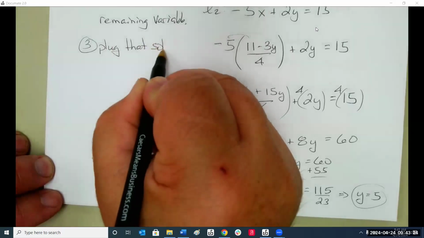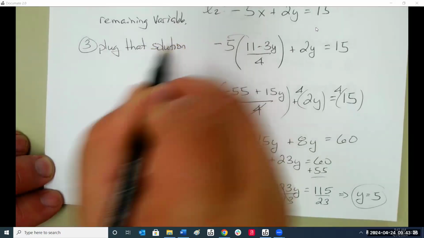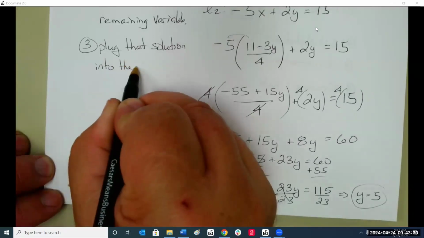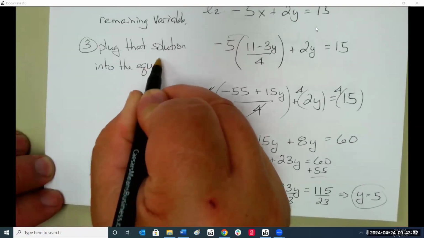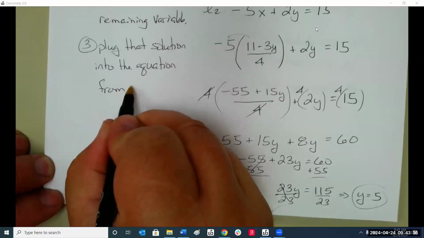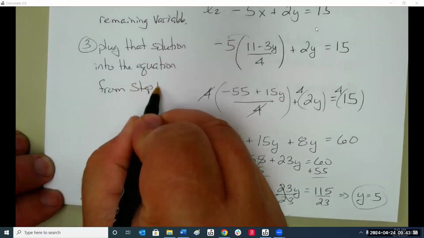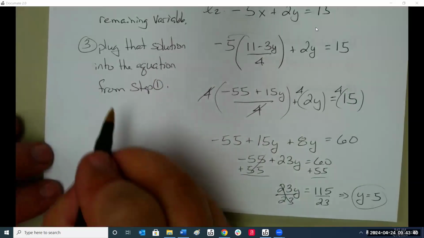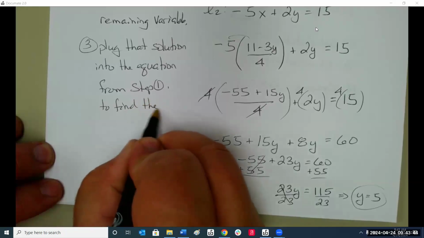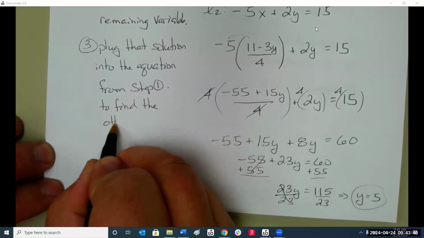Plug that solution into the equation from step 1 to find the other variable.